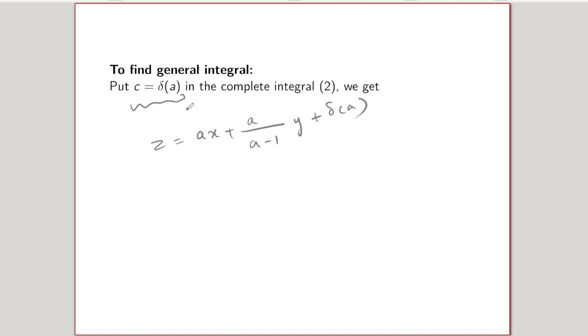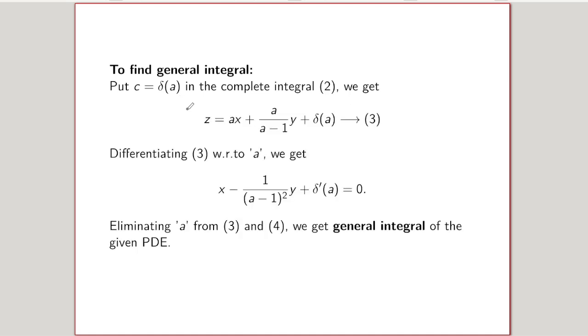Here, differentiating this with respect to a, we'll be getting x minus 1 by a minus 1 the whole square y plus delta dash of a, and this is equal to 0. Now eliminating a from these two equations, we will obtain the general integral. Thank you.